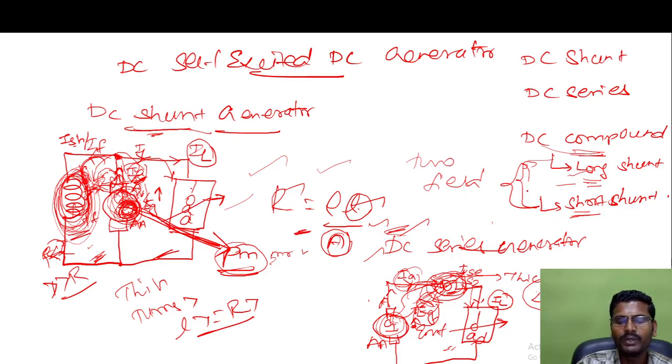One field winding will be connected in parallel, and the other field winding will be connected in series with the armature winding. So we'll see the circuit diagram.